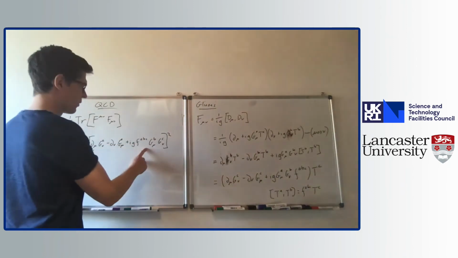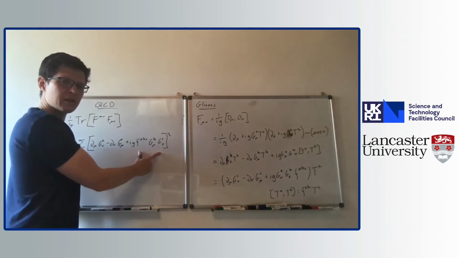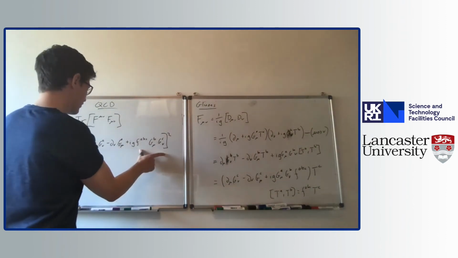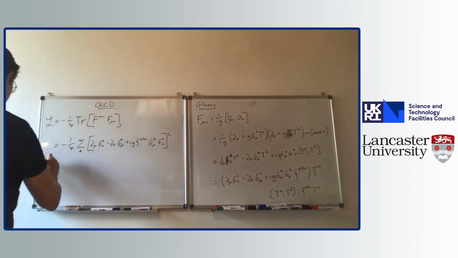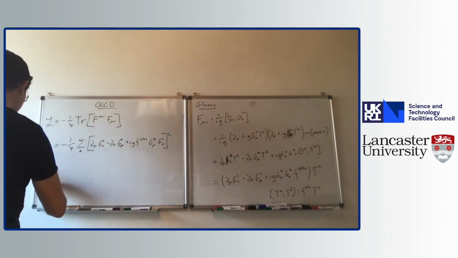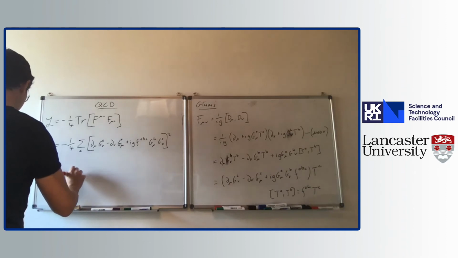and you can see that when you square it, you get things like this bit squared, which will give you 4 gluons in the interaction. You get things like this cross term between here and here, which would give you a 3 gluon interaction. And just to give you a taste of it, I've probably made normalization errors here, but to give you a taste of it, you get things like a 3-gluon interaction, which looks like this.